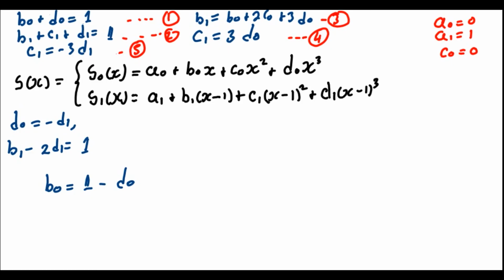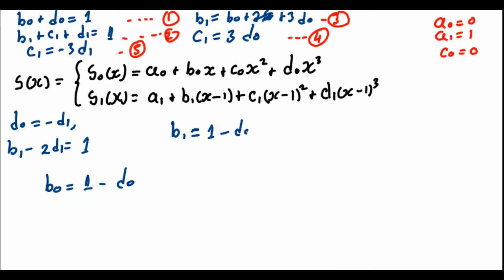Then I'll substitute it in an equation. What equation can I use? Equation 3. So in equation 3, my B sub 1 is equal to my B naught, but in place of B naught I'm going to put 1 minus D naught plus 2C naught. Actually this one we can get rid of, because there's C naught, and our C naught is equal to 0.